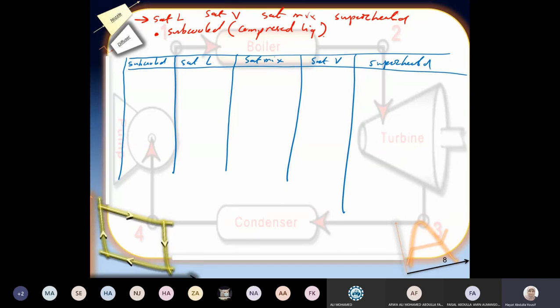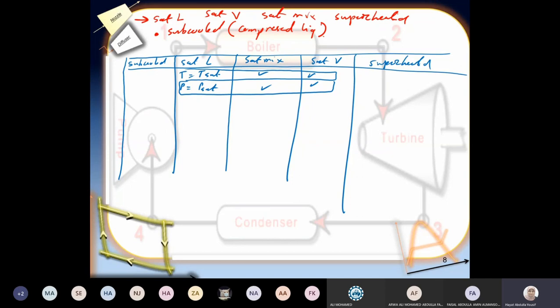I will start with the saturated conditions. We already explained that with the saturated condition, temperature is actually Tsat, pressure is Psat, and that rule is applicable for all of those, whether it is saturated liquid or saturated vapor. So temperature and pressure are the saturated properties.